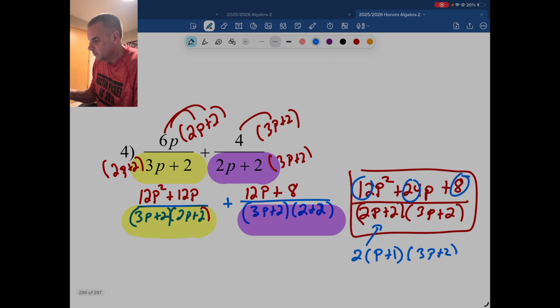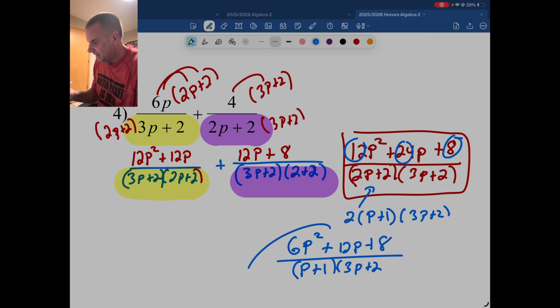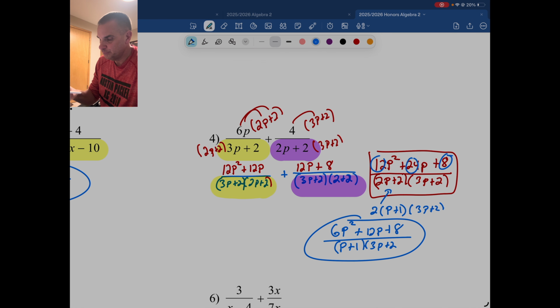So technically speaking, I guess we could write this as 6p squared plus 12p plus 8 divided by p plus 1 times 3p plus 2. I wouldn't have got that picky with that one. Yeah, not a big deal. Probably could have reduced it right away too, but I wouldn't have got overly picky with that one.